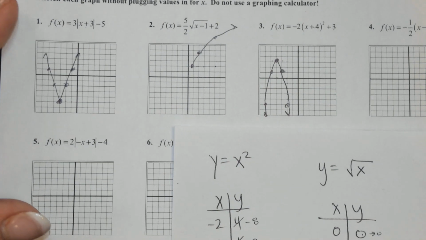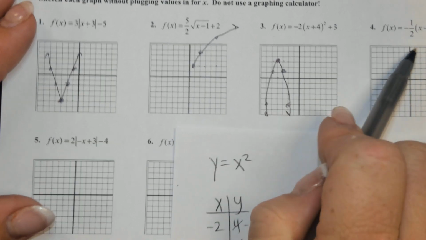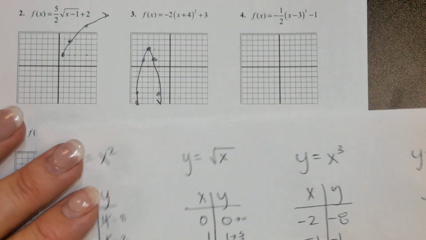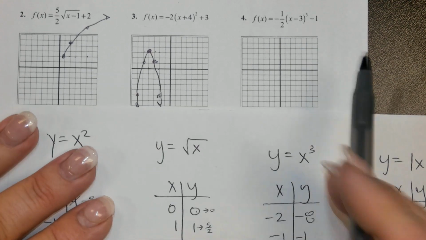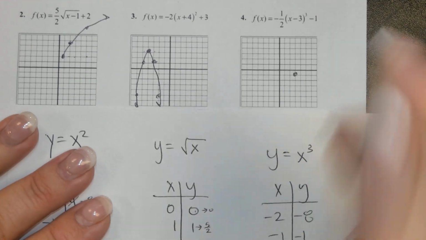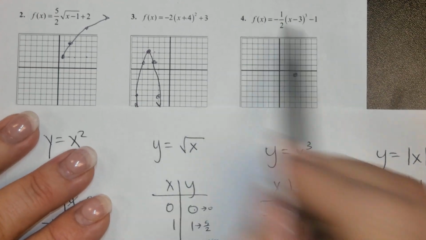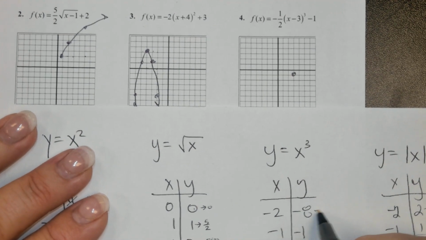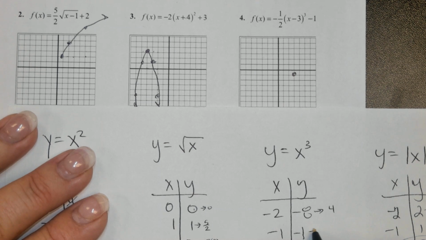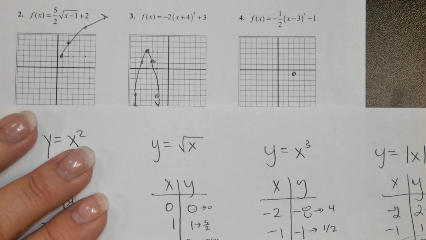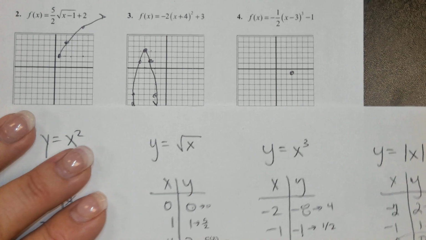Okay, let's go on to number 4. The basic parent function for number 4 is a cube root. That's what we have right here. I'm going to go to the right 3 and down 1. I'm going to take -1/2 times the y values. So 4 times -1/2 is -2, and 1 times -1/2 is -1/2. 0 times -1/2 is 0. And -1 times -1/2 is 1/2, and -4 is 4 times... This is this point right here.